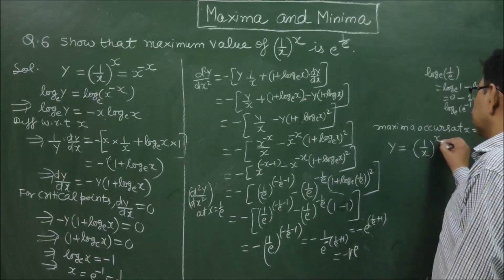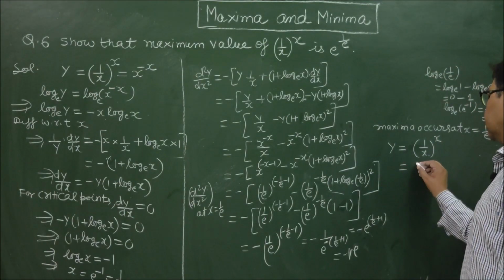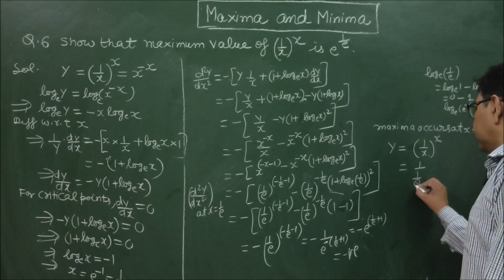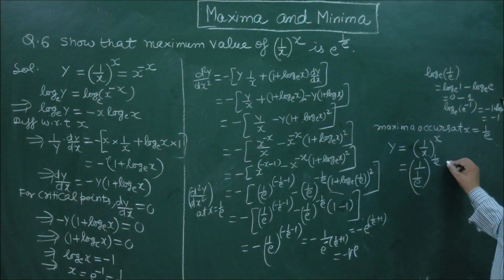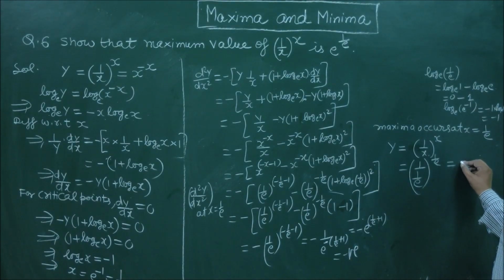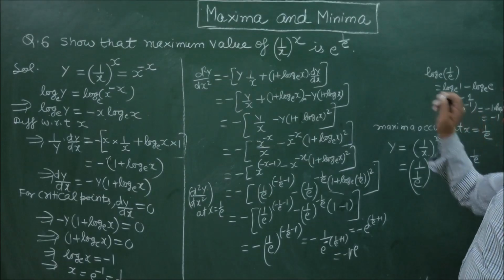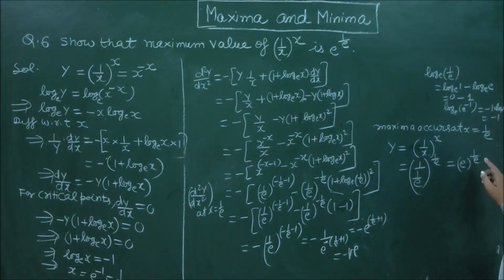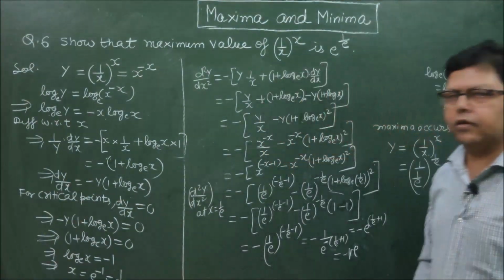Putting x is equal to 1 upon e here, the maximum value is (1 upon e) whole power 1 upon e, and on taking the reciprocal we get e raised to the power 1 upon e. So the maximum value of the function is e raised to the power 1 upon e, which occurs at the point x is equal to 1 upon e.